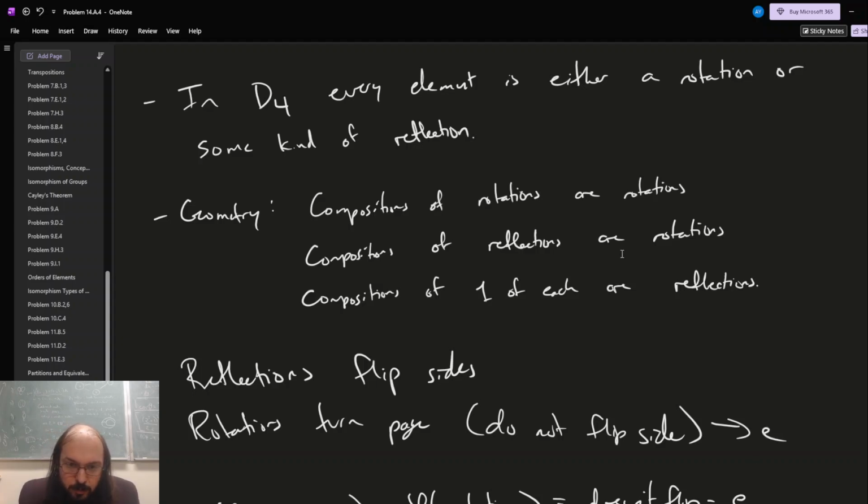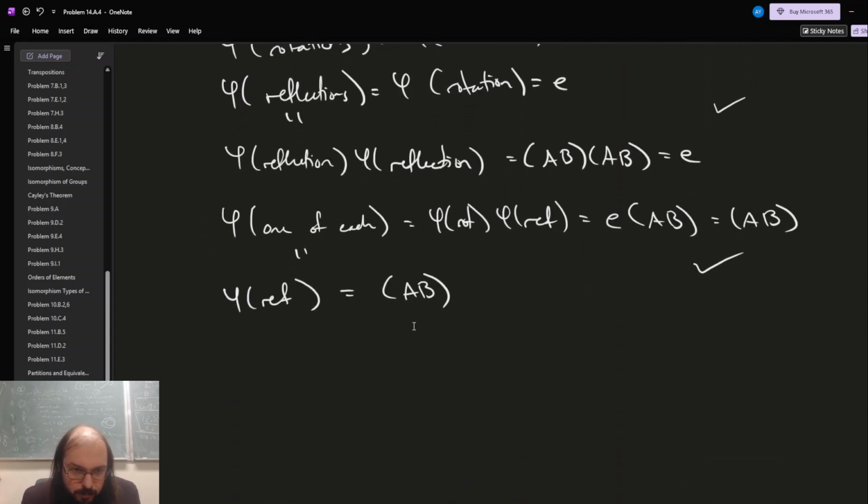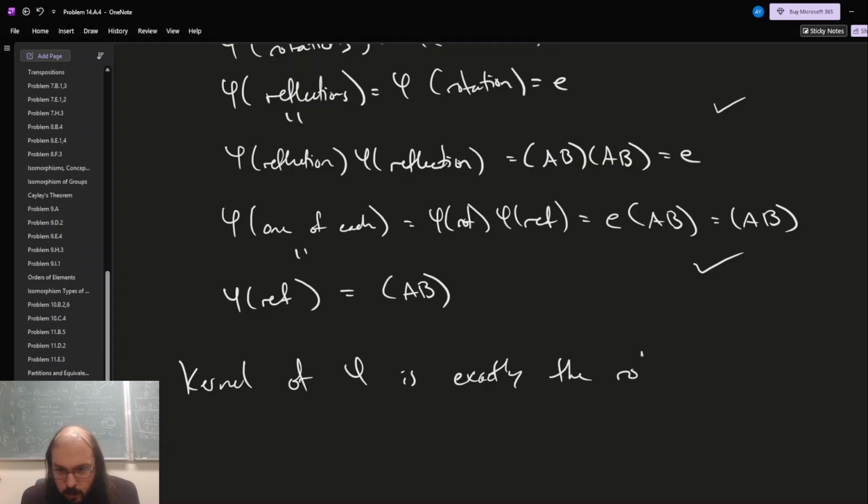So the kernel of phi is exactly the rotations, which is isomorphic to Z mod 4Z.